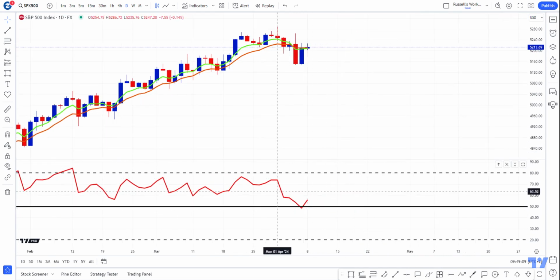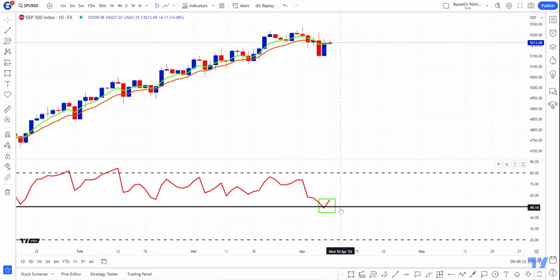And what's interesting is that there was this big sell down on Thursday, and then that was offset somewhat by a broad rally on Friday. And what that actually resulted in is the S&P 500 staying above 50. It did briefly try and break below, but we're back above 50 now.